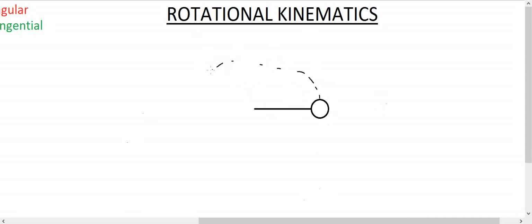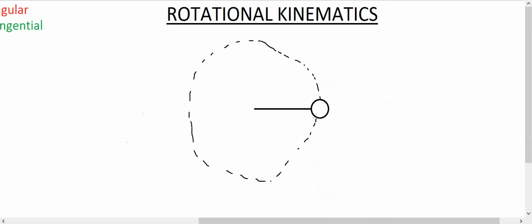Here's the path of the ball, very badly drawn, and actually, I should draw it better. Now it's better.